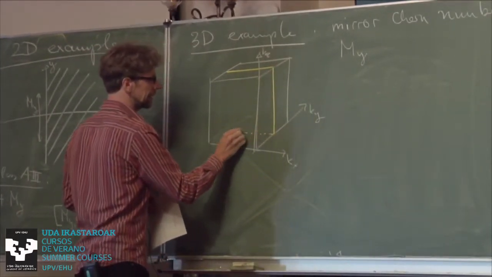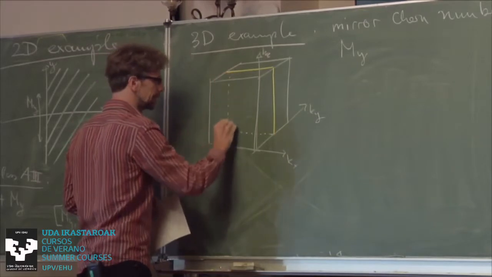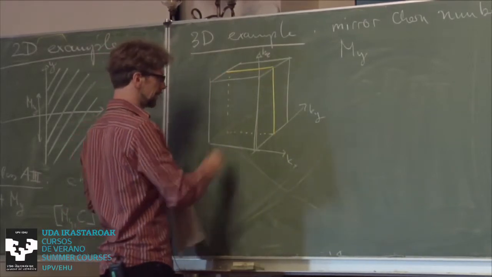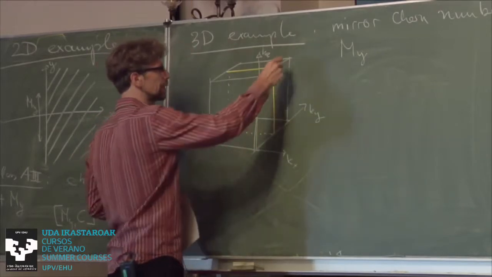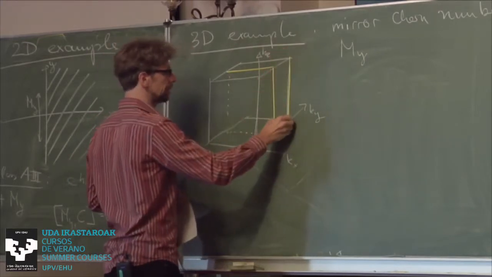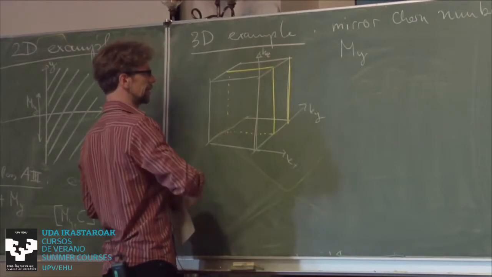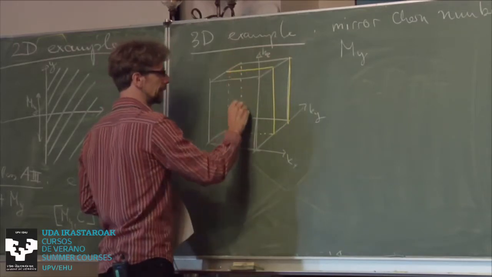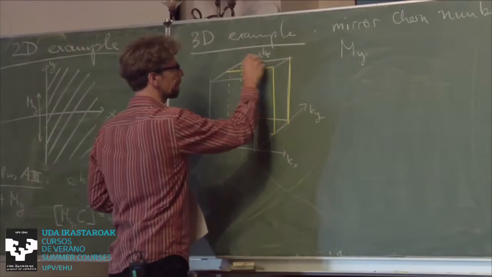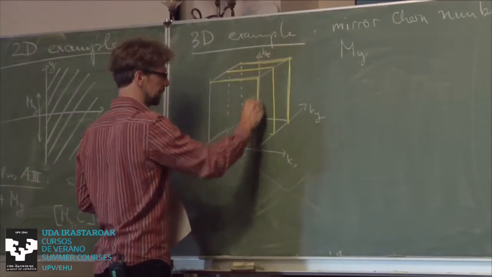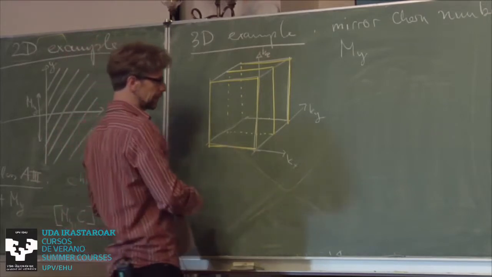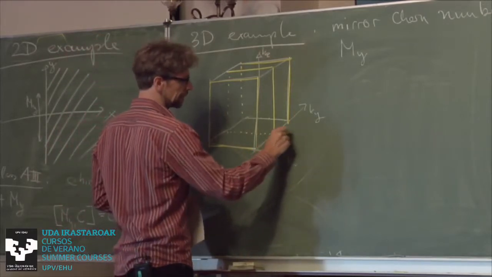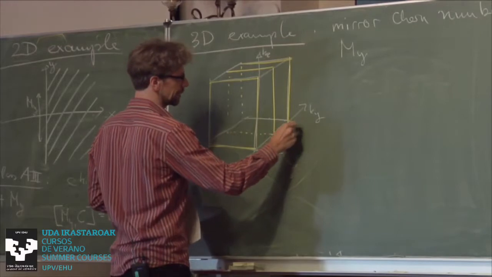The key thing is to realize that there are, again, d minus one dimensional manifolds in this Brillouin zone which are invariant under the mirror symmetry. These are these planes, right? The first and the last plane are the same, so at Ky equal to 0, pi, and 2 pi being the same as 0.